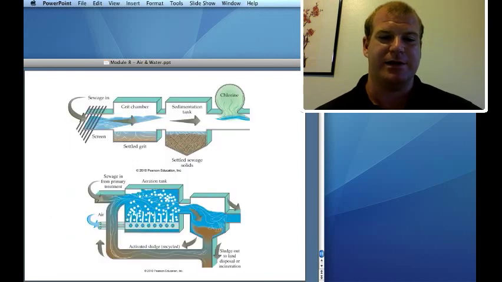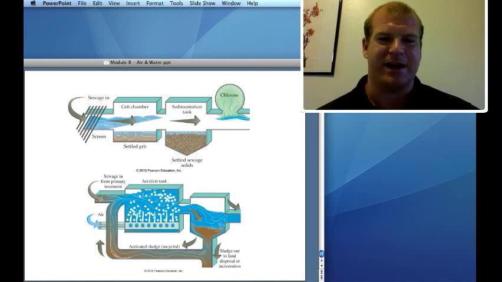And here shows the treatment. Here is the primary treatment: the sewage comes in and the solids are removed, and then maybe chlorine is added, which is used for disinfection. Then the wastewater goes from primary treatment to secondary treatment, and activated sludge gets rid of anything else, such as oxygen-consuming waste.